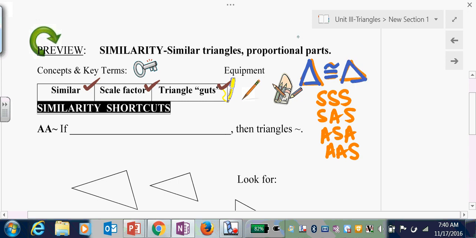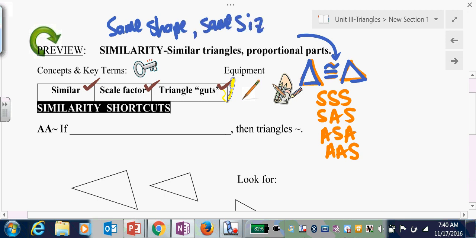Put this in the margin. Congruency is both same shape, comma, same size. I'm going to wait for a moment for you to write that down. Same shape, same size. That's the definition of congruency.